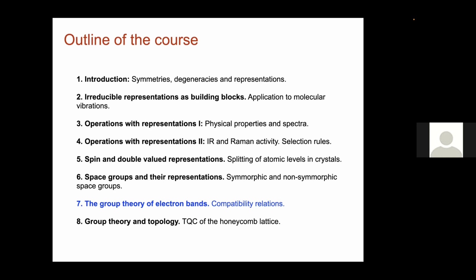So if I try to approximate my Bloch wave function as a linear combination of atomic orbitals, just linear, the coefficients don't have to be plane waves. I will make it more general.